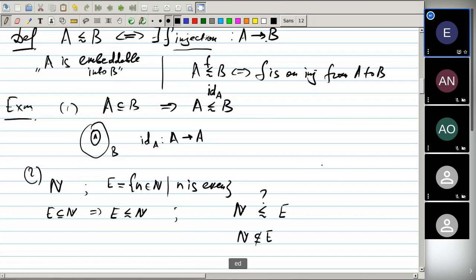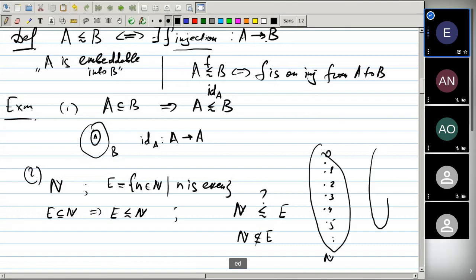No. Really? So assume that we have the set of all naturals. Is it possible to construct an injection from this set to the set of all even numbers? 0, 2, 4, 6, 8. Yes, it's possible. How?